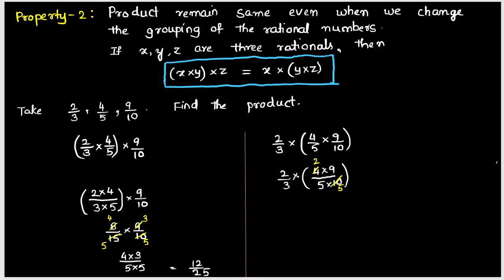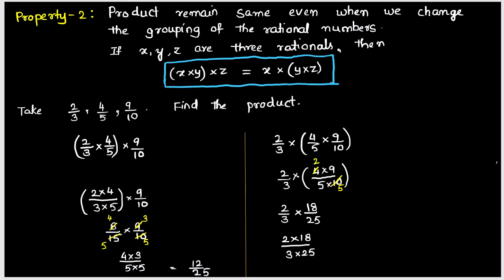So next step we write 2 by 3 multiplied by, so we got here 2, so 2 9s are 18 upon 5 5s are 25. Again in the next step, 2 into 18 we write upon 3 into 25.